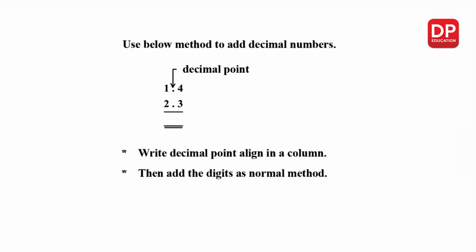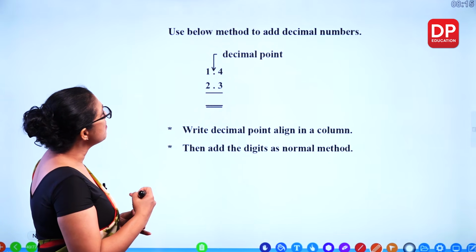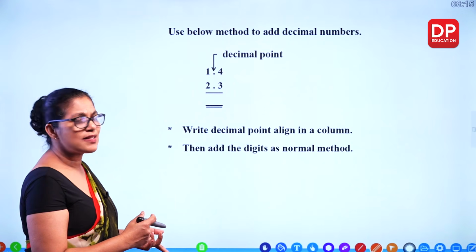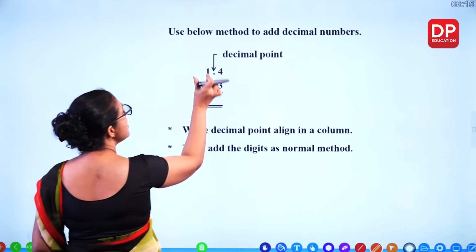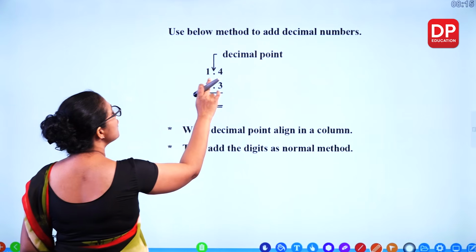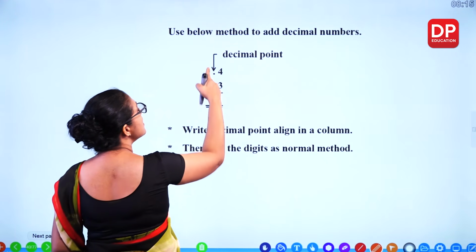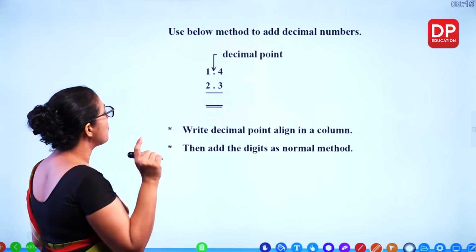Now we'll use another method. So when you want to add decimals, no need to convert to fractions. There's an easy way. We write the question in a column. So 1.4 plus 2.3, aligning the decimal point in a column. That's the most important part.